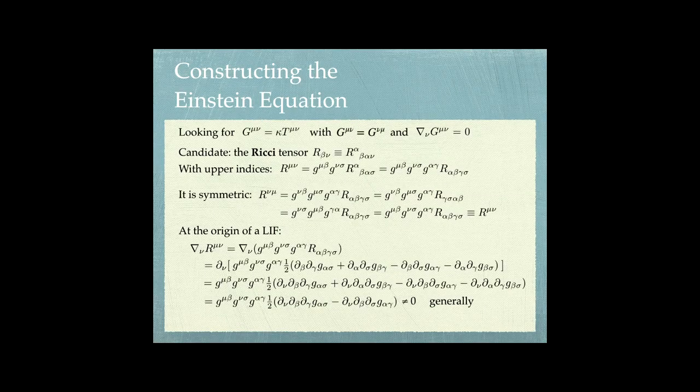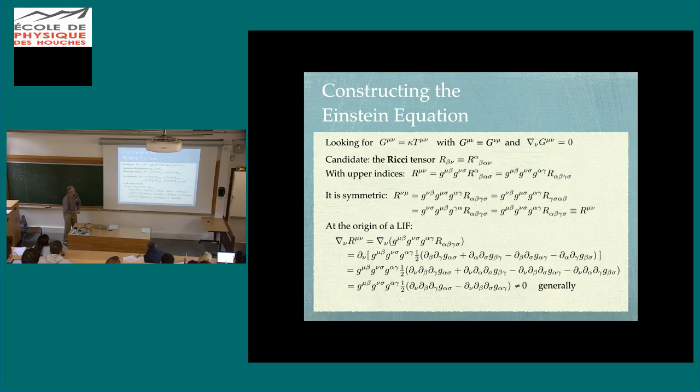So we're going to try and construct the Einstein equation now. We're looking for an equation of this form. We know that we've got to have this side. This is just a constant of some kind. And we know that because this is a symmetric tensor, the way we've constructed it, this Einstein tensor has got to be a symmetric tensor.